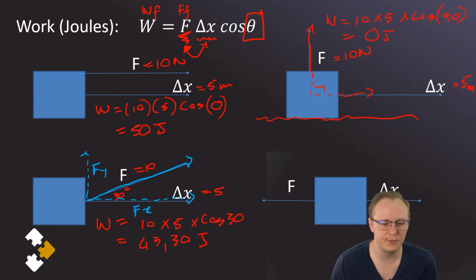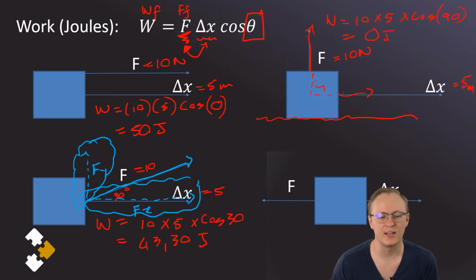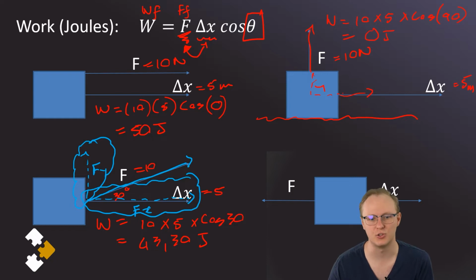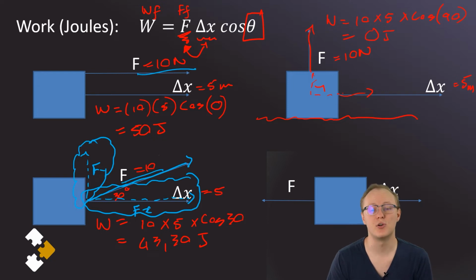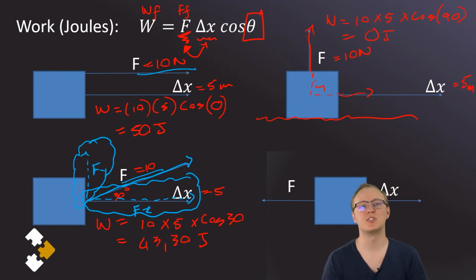So in terms of this force, this component of the force does not do work, whereas this component of the force is the component that's actually doing the work, right? So even though this one was 10 newtons and this one was 10 newtons, we found that in this example below, the work done was less, and that was because only a component of the force, the x component, was actually doing work. Whereas in the first example, all of the force was in the direction of the displacement, and so all of that force was actually doing the work.